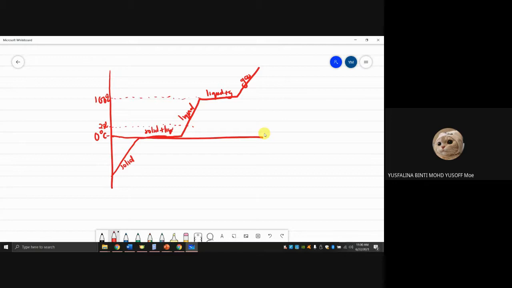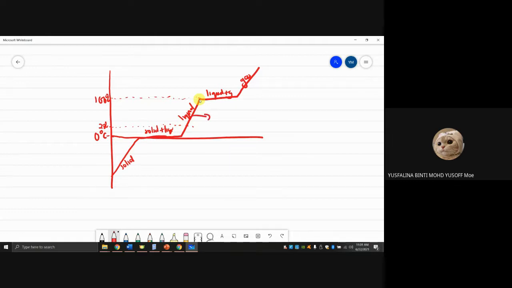So let's say this is 28 degrees Celsius, the temperature of the water. I need to increase it to 100 degrees Celsius first, then after that it can change to gas. So how much energy do I need to increase from 28 to 100 degrees Celsius? You already learned this yesterday, right?